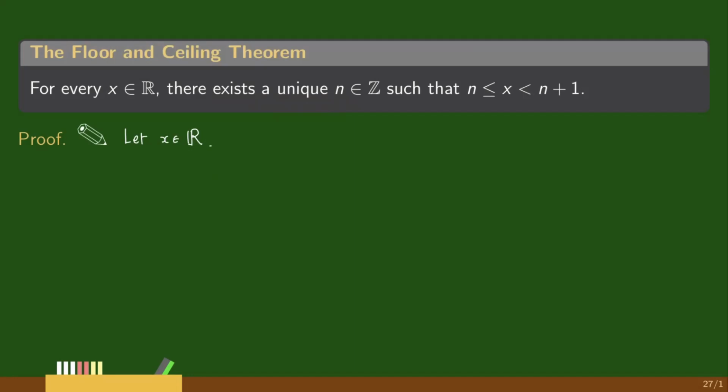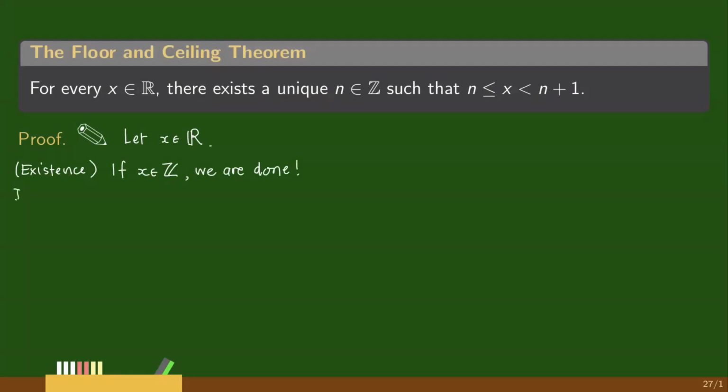Sige. Let's try to prove the existence first. I'm trying to establish the existence first of an n. Now, why does such an n exist? Okay. So, let's now consider an x. First of all, if x is an integer, we are done. Bakit tayo tapos na kapag x is an integer?